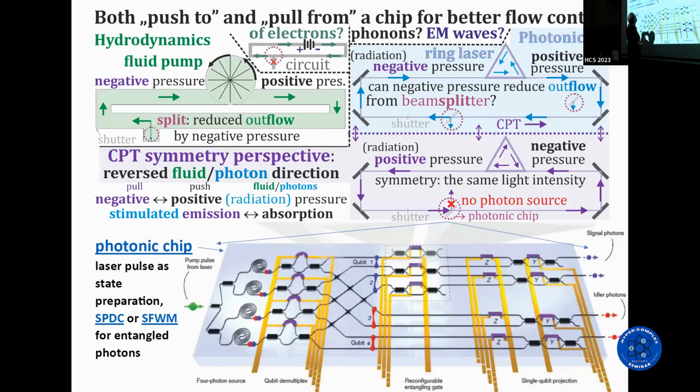There are ideas like this one, yes, where you have a pump for photons. But if you look at it from a symmetry perspective, you reverse that: you perform the same impulse from the end, applied to some of the qubits, and you can reverse this input.